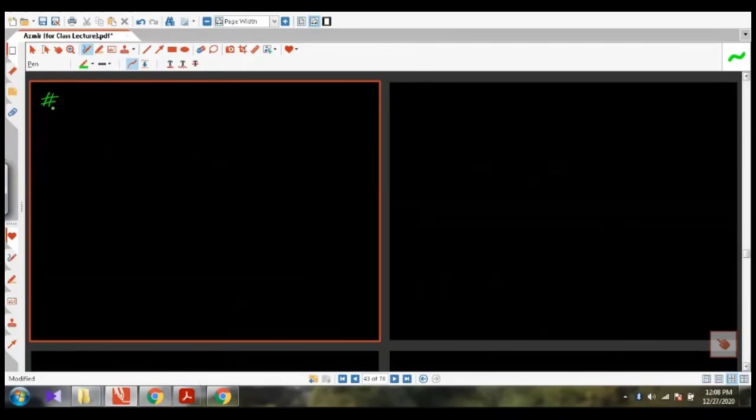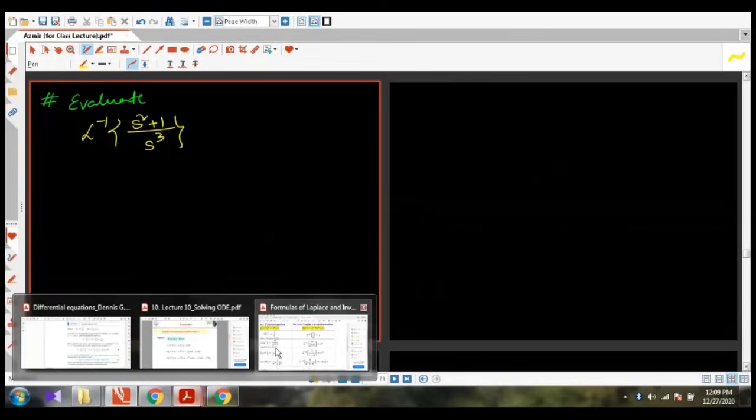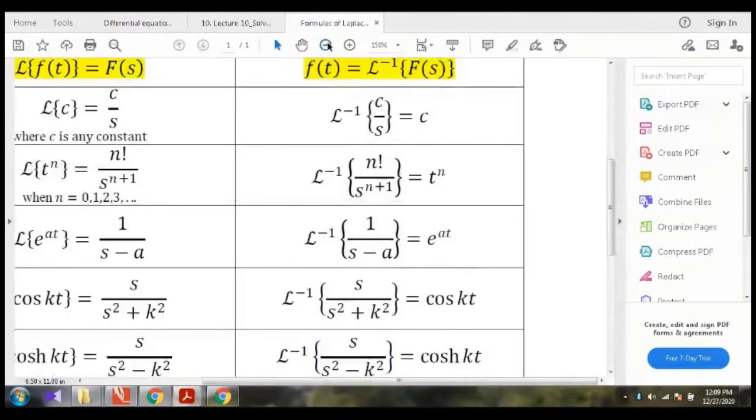So let's start with one problem. Suppose we have to evaluate the inverse Laplace transformation of (s squared plus 1) over s cubed. This is a very simple problem, but have a look at the formulas of inverse Laplace transformation.